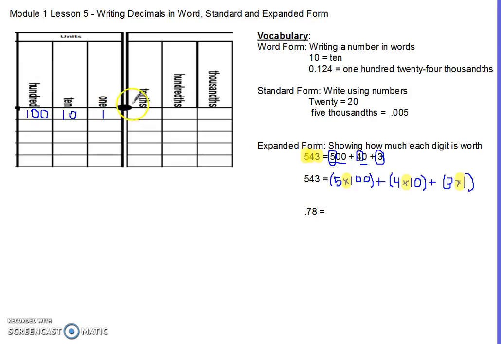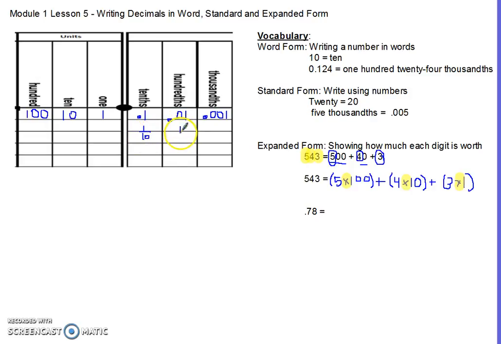But on the decimal side, tenths is 0.1, hundredths is 0.01, and thousandths is 0.001. We can also write these in fractional form, and tenths would be 1 over 10.